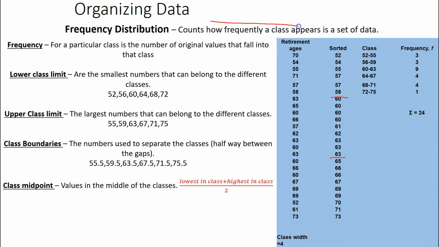When we make our histogram, we're going to have these rectangles. The placement of the rectangles is centered around the midpoint. That's the only reason we would ever really need to know the midpoint: when I make this chart, the rectangles need to be centered around that midpoint. So we'd have to find them.